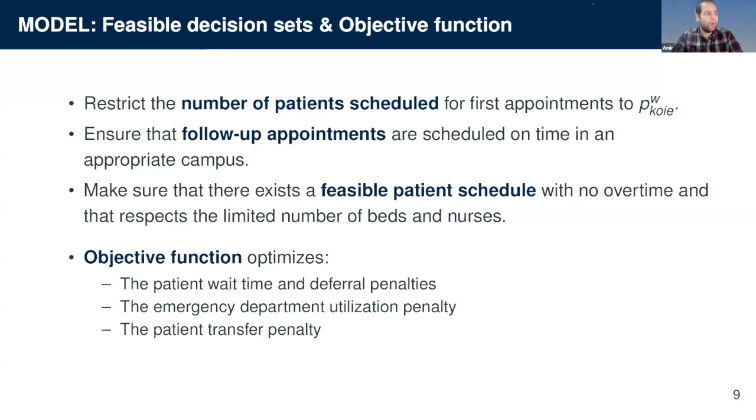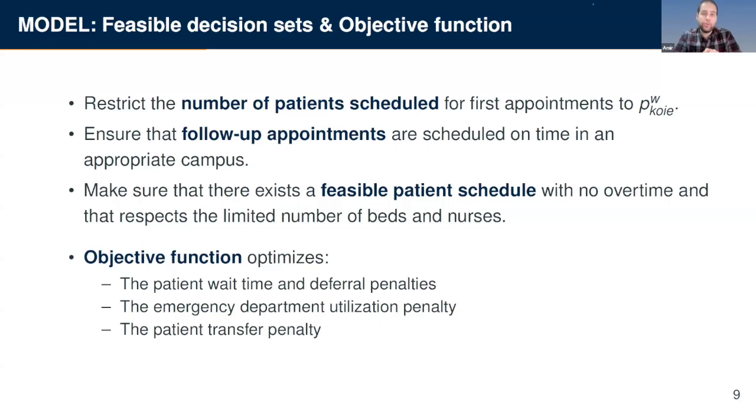Well, anyway, going into the objective function, what are we trying to optimize in this problem? First of all, we want to minimize the patient wait time and deferral costs, right? We're scheduling the patients as soon as possible. We also would like to minimize the emergency department utilization penalty. The less we utilize the emergency department, the better it is for the health center.